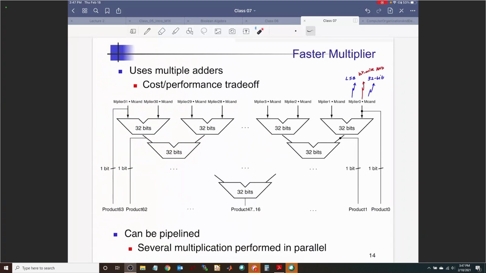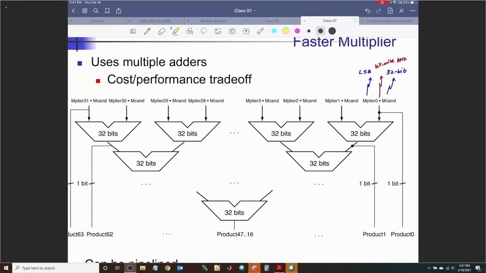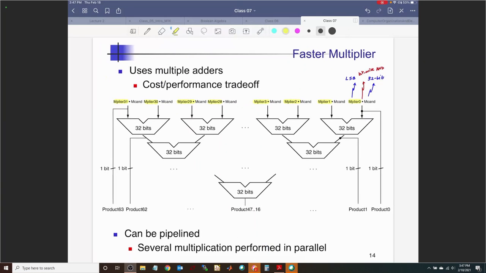So what are you going to have? Well, in this case, you have a 32-bit field. So you have the least significant bit of the multiplier, next one, next one, and so on, 28, 29, 30, and 31. So you've got 32 bits of the multiplier getting bitwise ANDed with all 32 bits of the multiplicand.